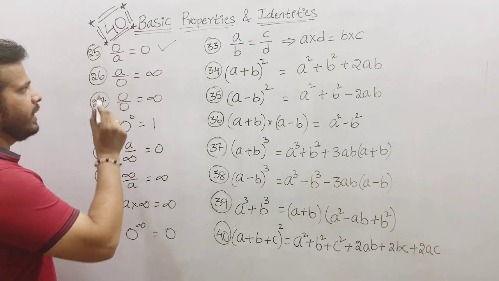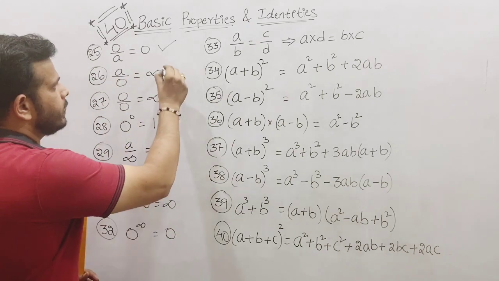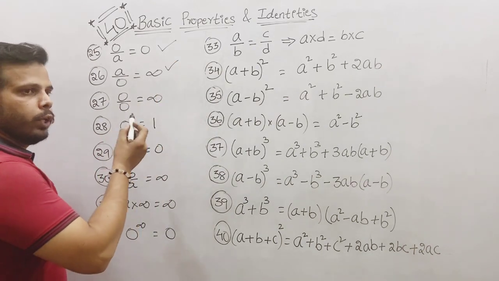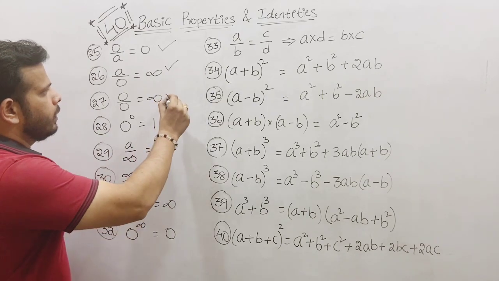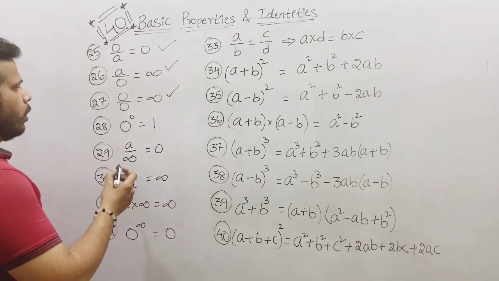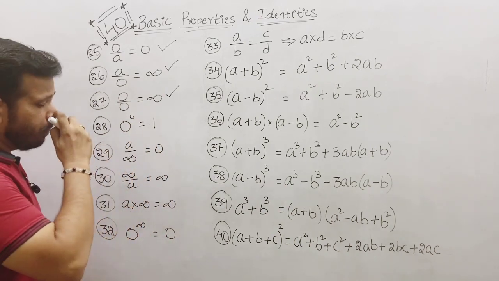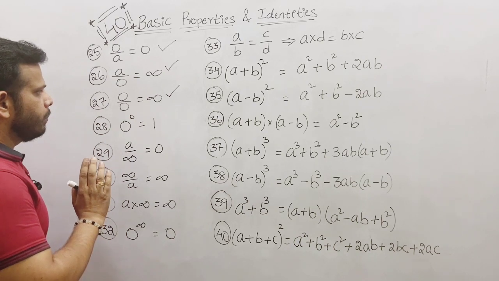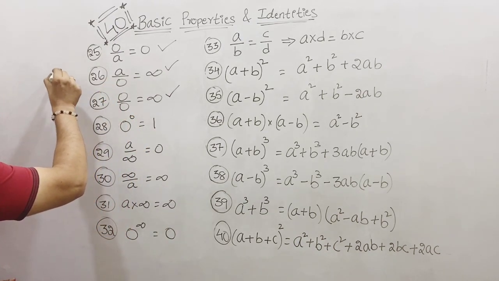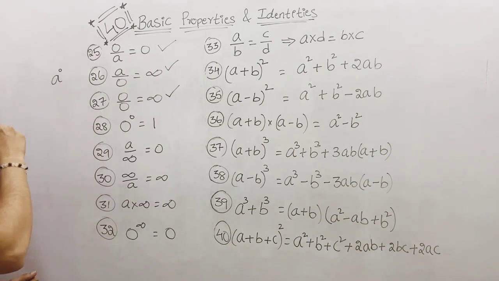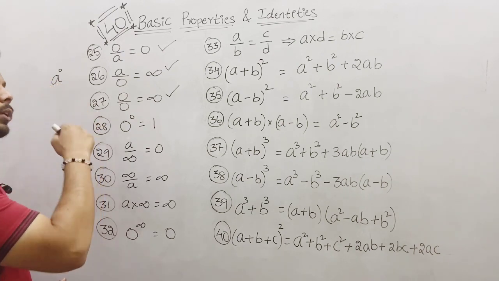A by 0 is undefined, because in the 0 table you will not get a. And many of you have a doubt about 0 by 0, undefined or infinity. 0 by 0 is said to be 1 actually, because in many contexts it is 1 only, as anything power 0 is the multiplicative identity 1, like you are multiplying a with no terms.